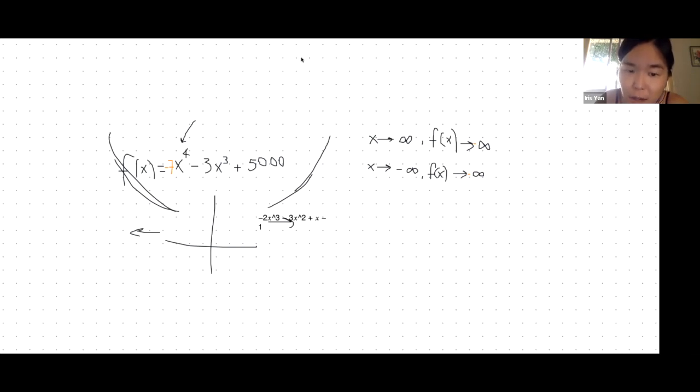This is going to become -7 something. So this is what I mean by the minus here. First, you check the sign of this guy, and then the multiplying factor will matter. If it's positive, it's not going to change the sign of x to the fourth. But if it's -7, then it's going to flip the sign of what your x to the fourth gives you.